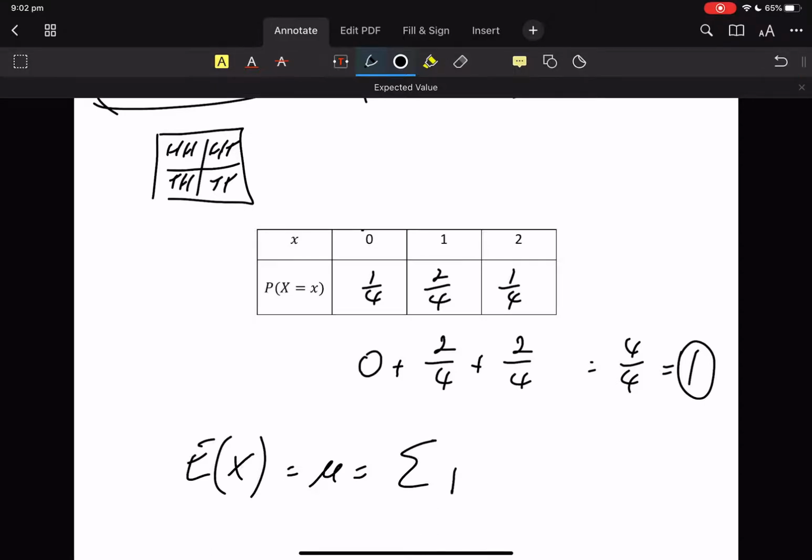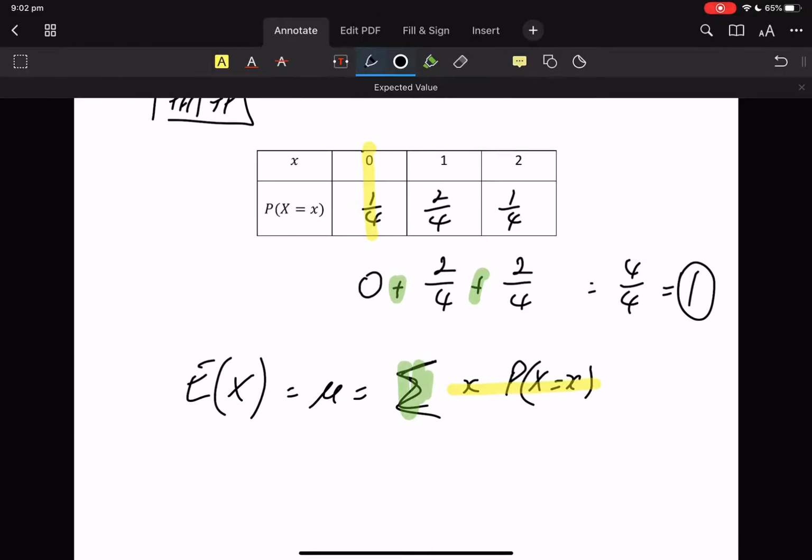Well, in grade 11, it's sort of the sum of x times P of X equals x. Because this is the sum of each of them multiplied together. So x times P of x, and because I'm adding them all together.